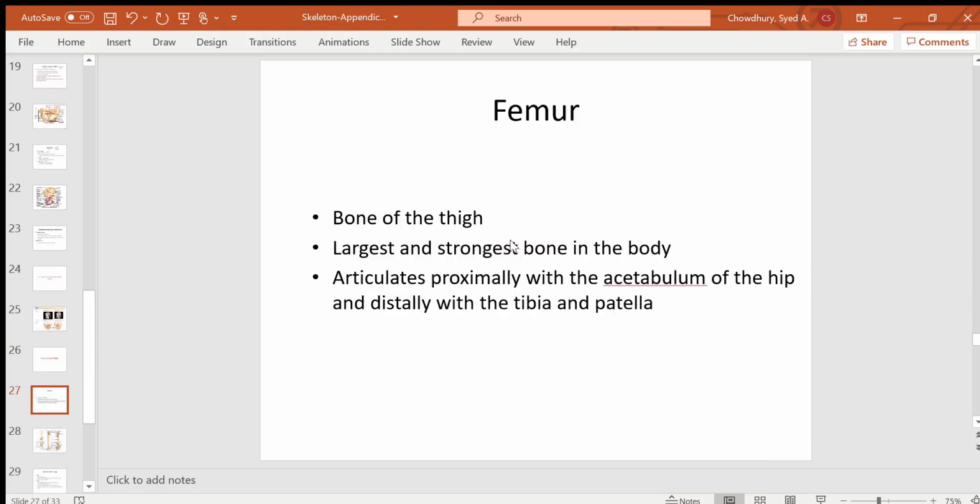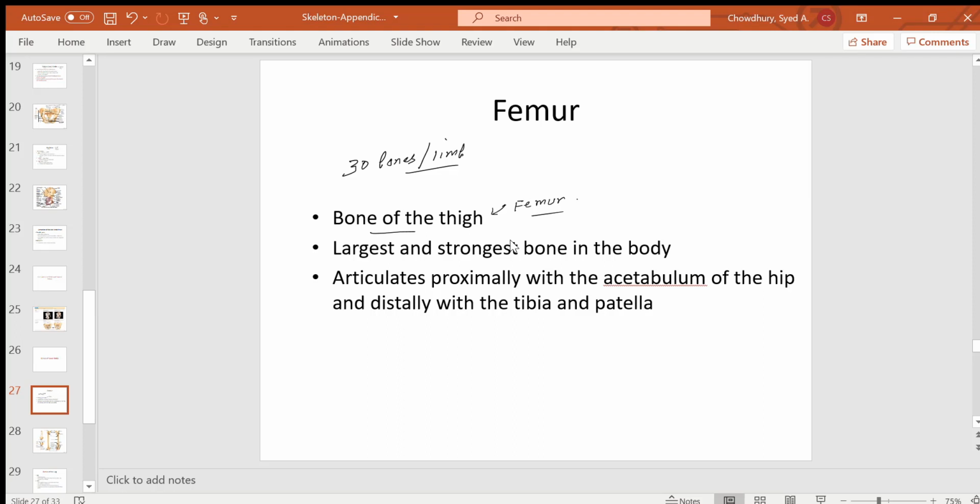Bones of the lower limb. Each lower limb has 30 bones, like your upper limb. So we'll see what those bones are. In your thigh, you have the longest and largest bone of the body, that is the femur, which is also the strongest bone.